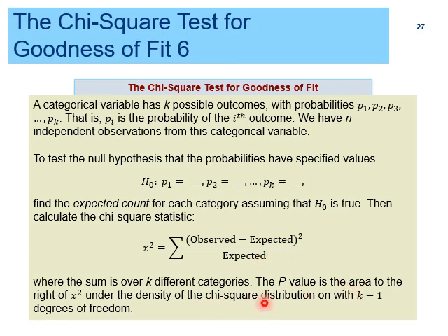Now it's stating that the p-value is the area to the right of chi-square under the density curve of the chi-square distribution with k minus 1 degrees of freedom, because here we saw that it was not like 2 by 2; there are many rows but one column, so we are going to get k minus 1 for the degrees of freedom.